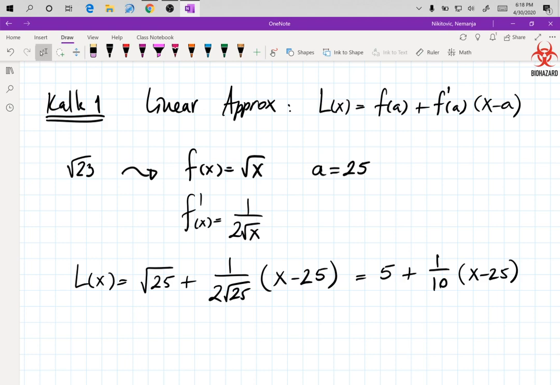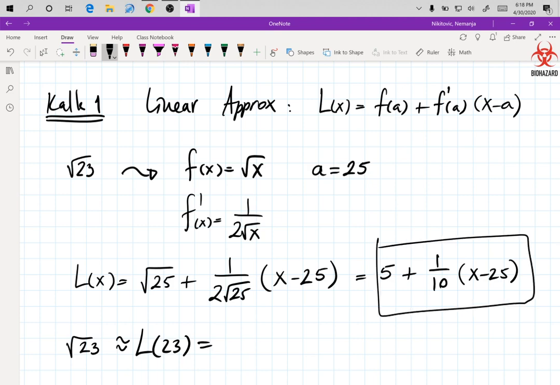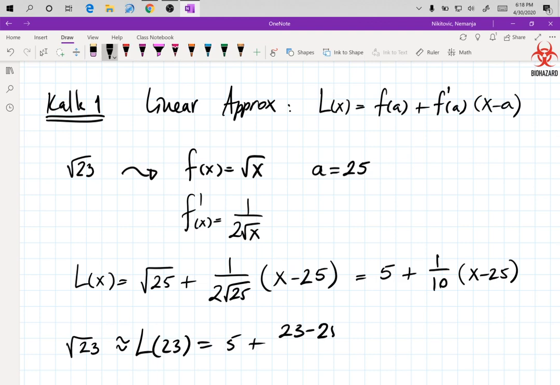And this is all Calc 1. So now, if I want to calculate square root of 23, that's approximately going to be L of 23. So instead of computing square root of 23, I'm computing this easy problem with 23. So I have 5 plus 23 minus 25 divided by 10. And that's 5 plus negative 2 over 10, which gives me 4.8 as a total.